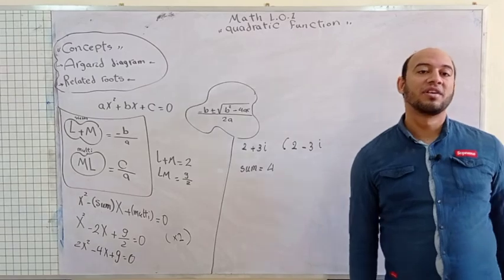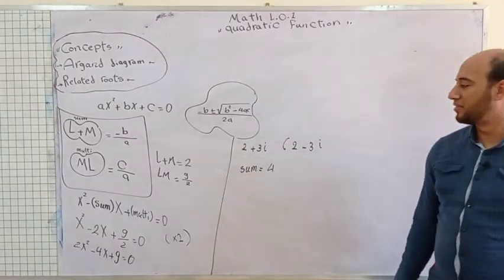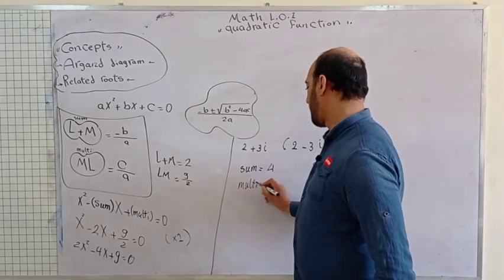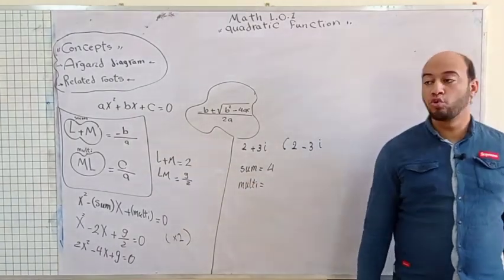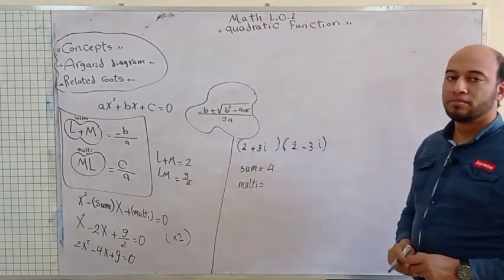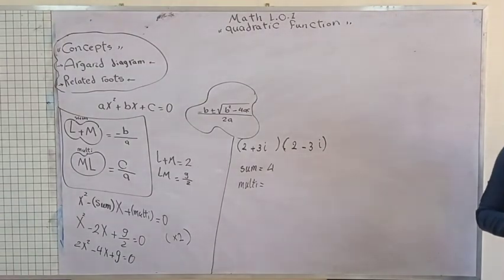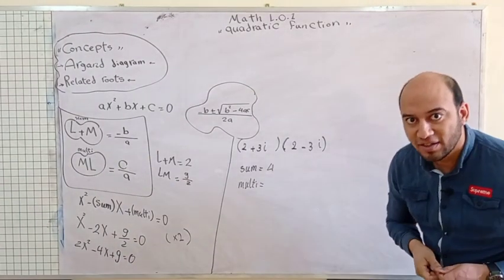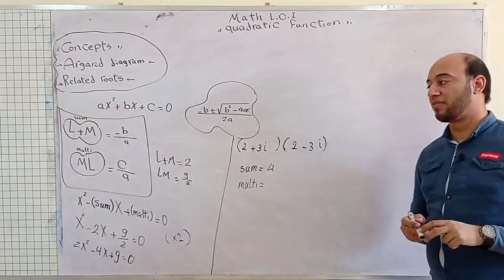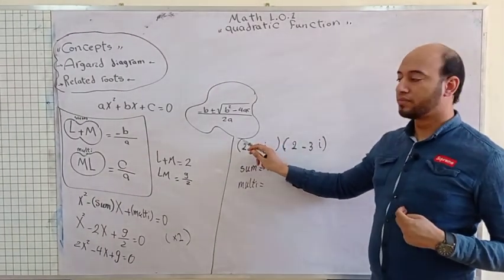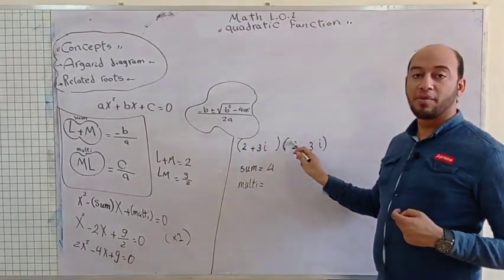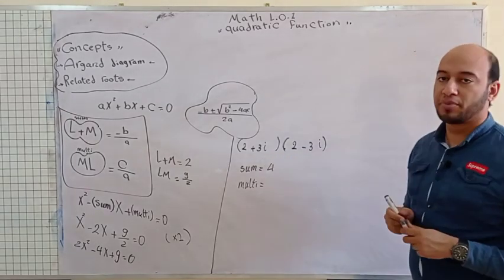There is no imaginary part. Now, get the multiplication. We multiply these two roots, and these two roots are conjugates, which is a special case in multiplication.